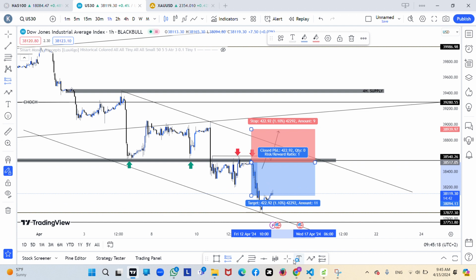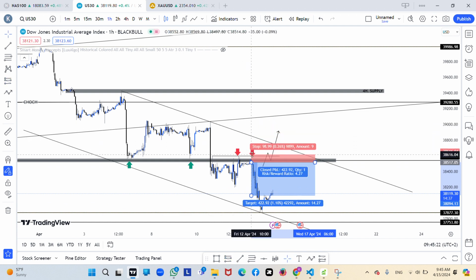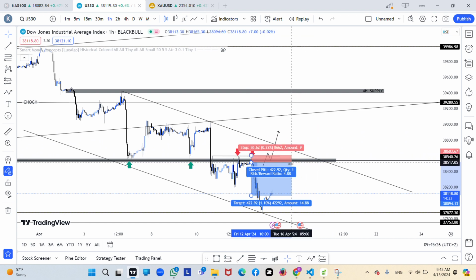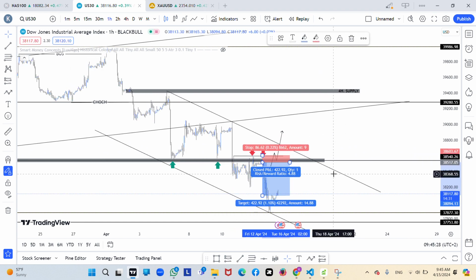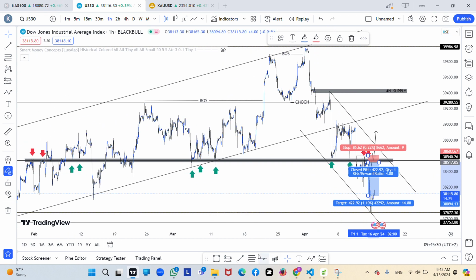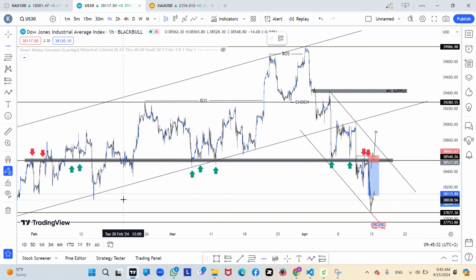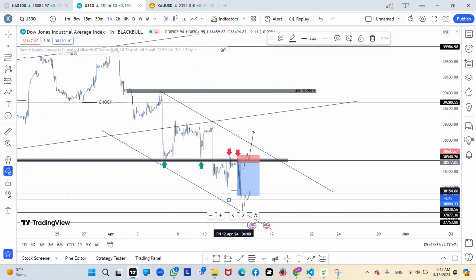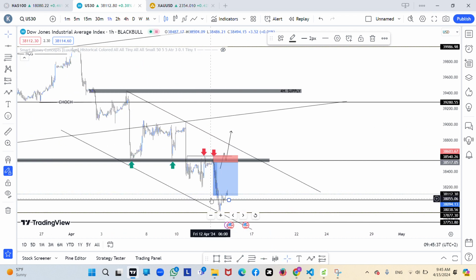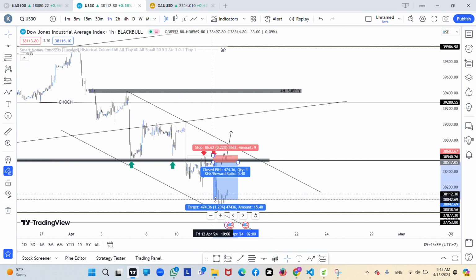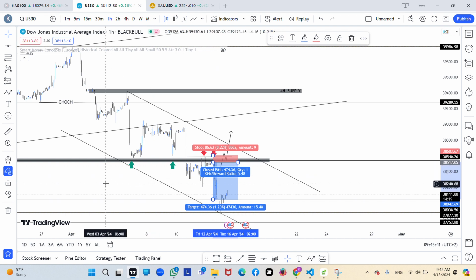So we were supposed to enter right there, and then put the stop loss just above there, just like that, and then our TP right there.